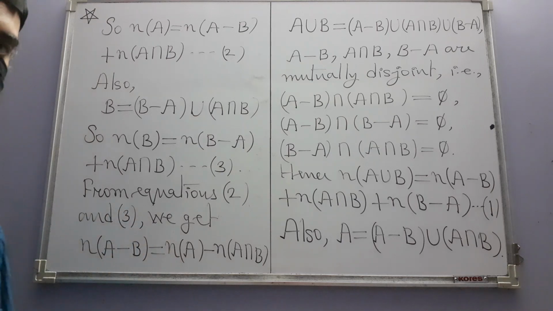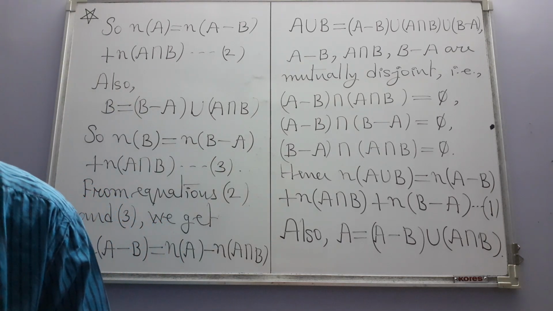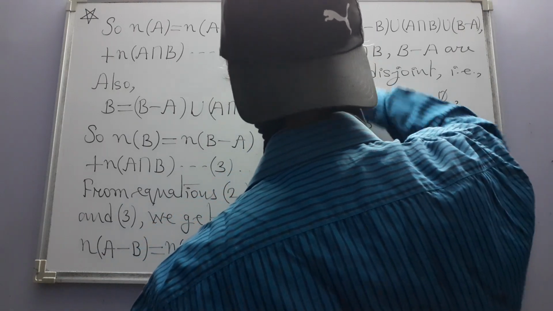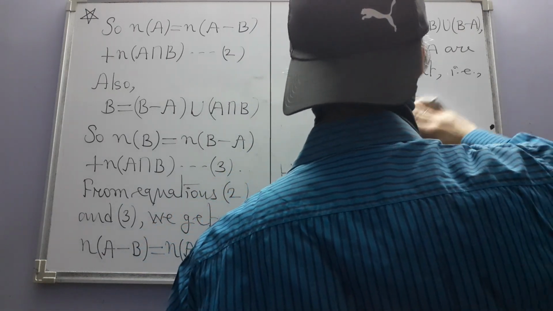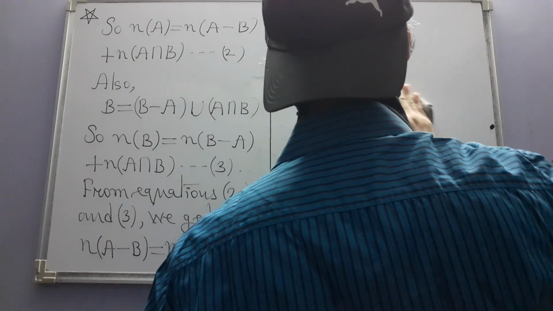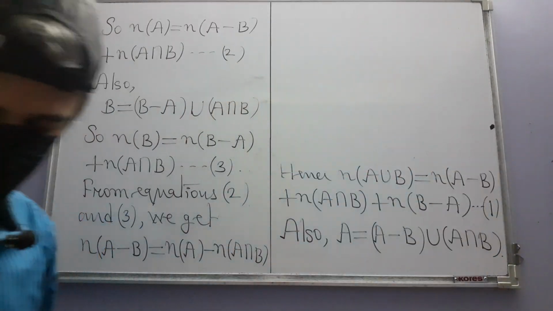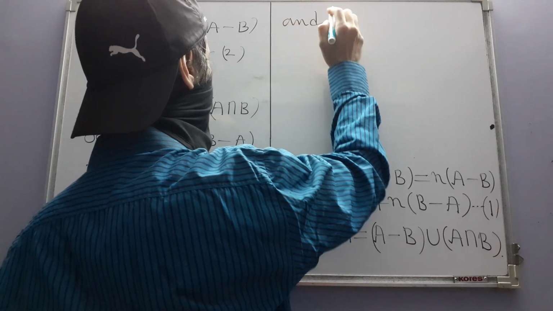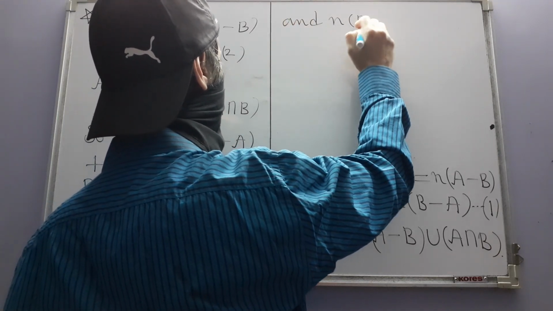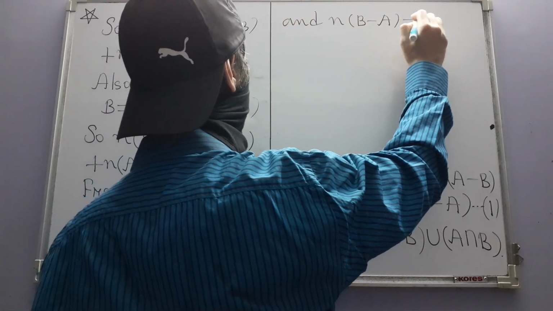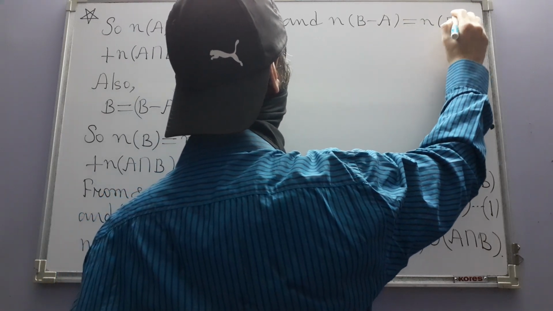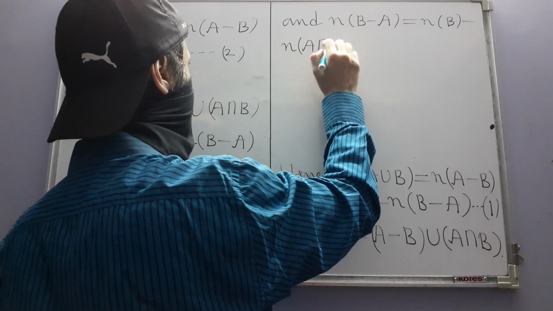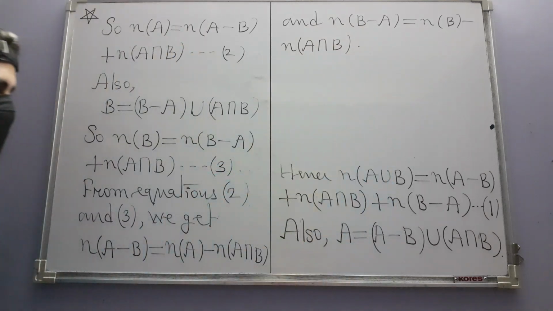And from equation 3, we are going to get a similar expression for n(B difference A). n(B difference A) is equal to n(B) minus n(A intersection B).